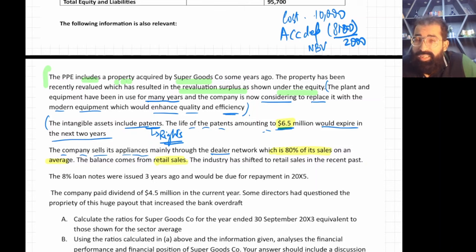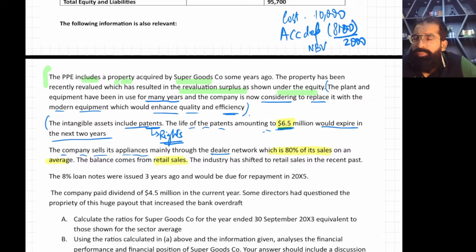So this is also one of the reasons. In the question you will see, if there is low GP margin, then the reason for that low GP margin may be that we are selling through dealers, and because of that we can't get a good selling price, because we have to give big commissions.